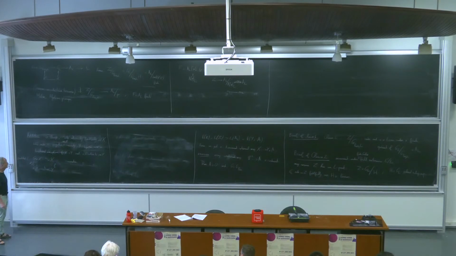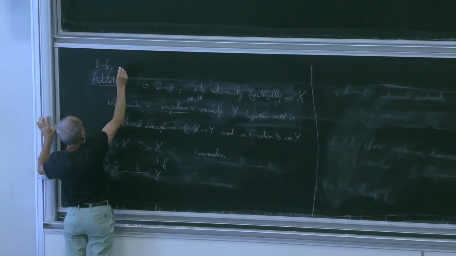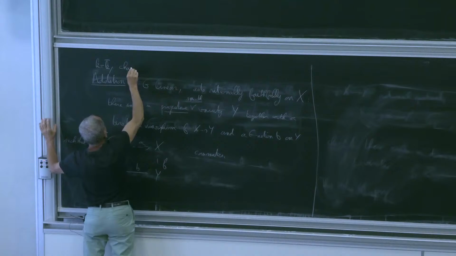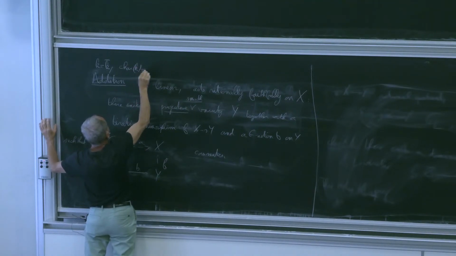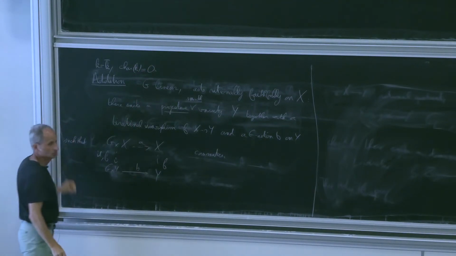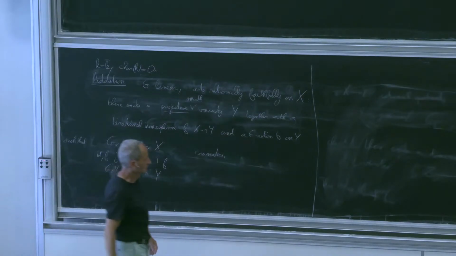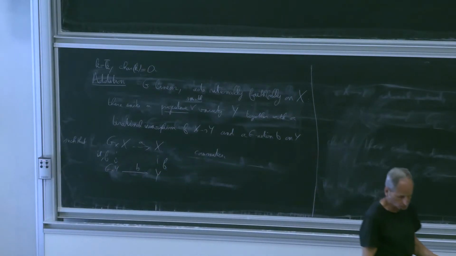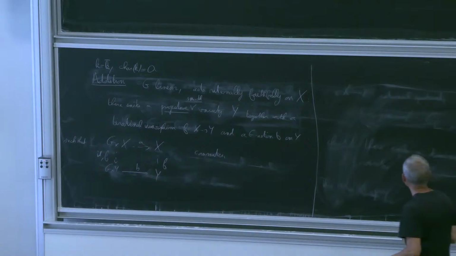So at the end, we get this model. And again, the assumptions are K algebraically closed, and for this part of the proof, it's absolutely crucial to have characteristic 0, because again, equivariant resolution is not known otherwise.